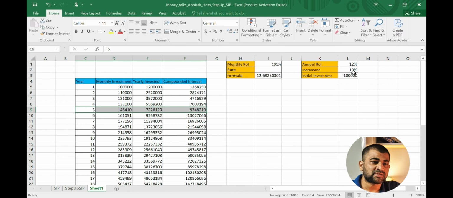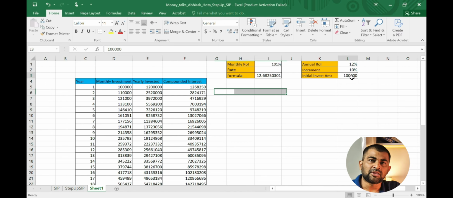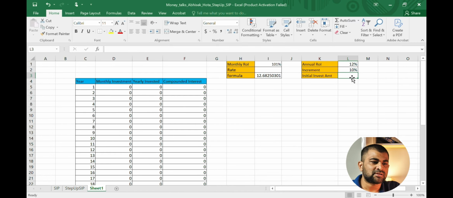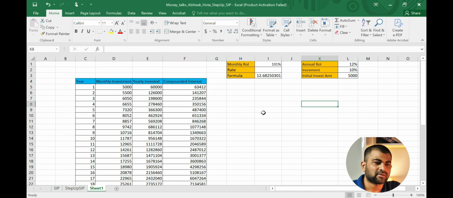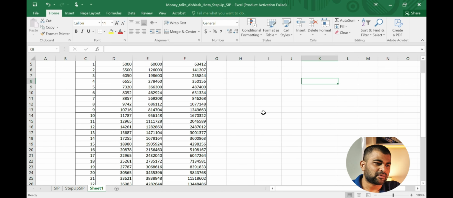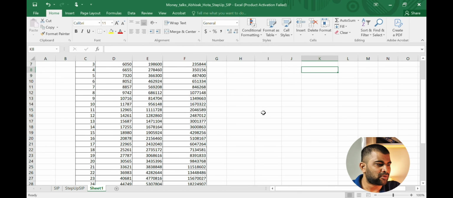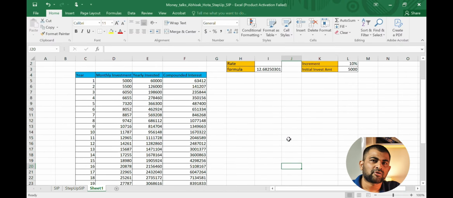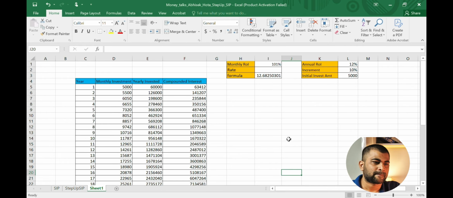So here I am just taking 12% annual rate of interest, an increment of 10%, and an initial investment of 1 lakh. So let's take it to 5,000. So now see, for 5,000 also, it will take some time, but you will reach 1 crore at 21 years of time period.